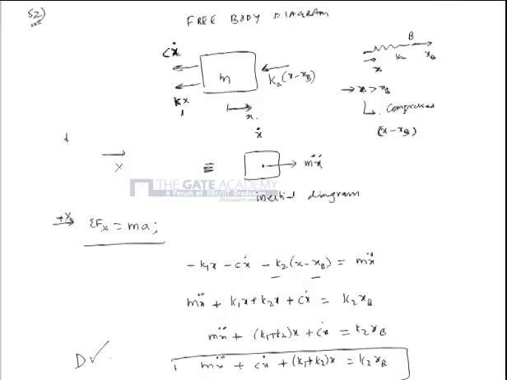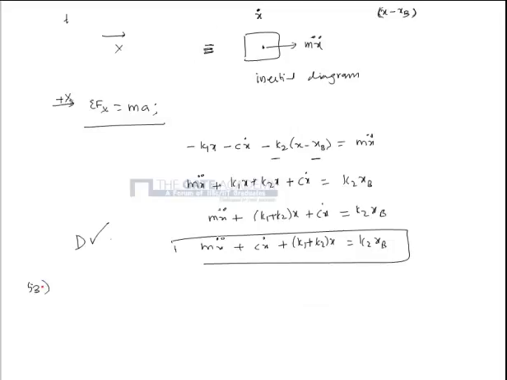Because it's a linked question, let's discuss 53 also. What is asked is the critical frequency omega c at which the oscillations are large. If you consider a single mass spring damper system, the equation of motion is m x double dot plus c x dot plus k x is equal to 0.